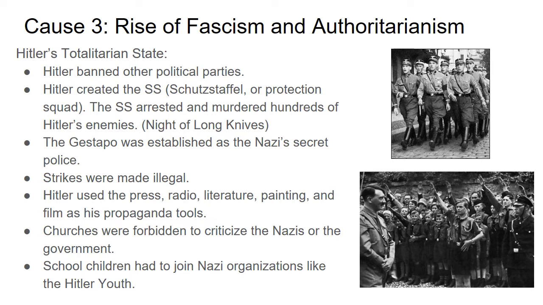The SS arrested and murdered hundreds of Hitler's political enemies within the Nazi party. The one particular night where hundreds of people were killed was called the Night of Long Knives. Later on, the SS would become the leading group putting into action the Holocaust.